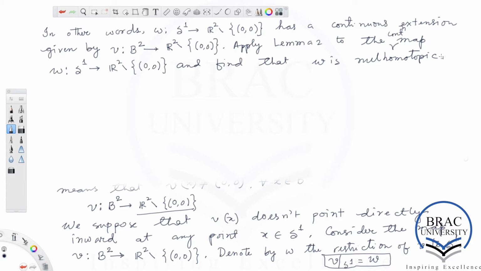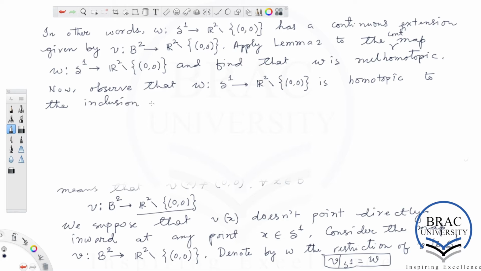Now, observe that W, which is a map from S1 to the punctured plane, is homotopic to the inclusion map J of the unit circle into the punctured plane.